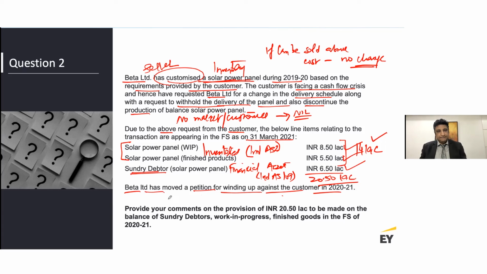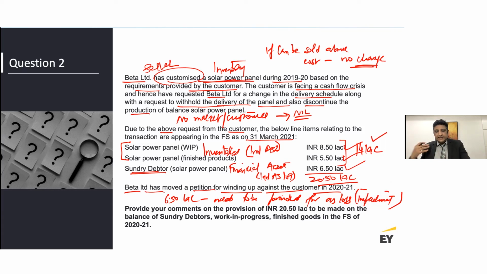Okay, which means that the 6.5 lakh rupees needs to be provided for as an impairment loss in the financial statements of Beta Limited for the year ended 2020-21. Right?